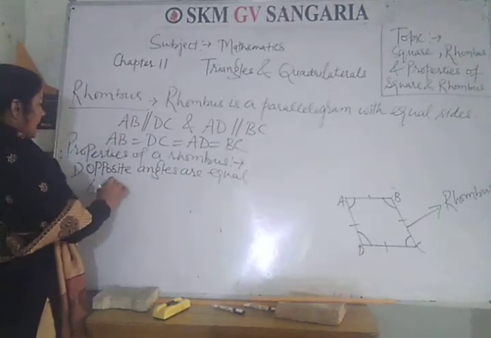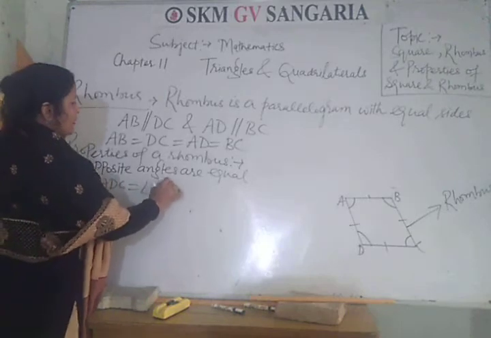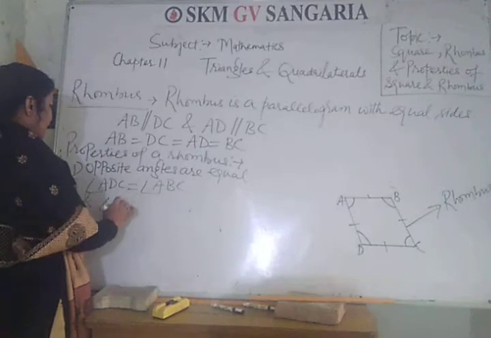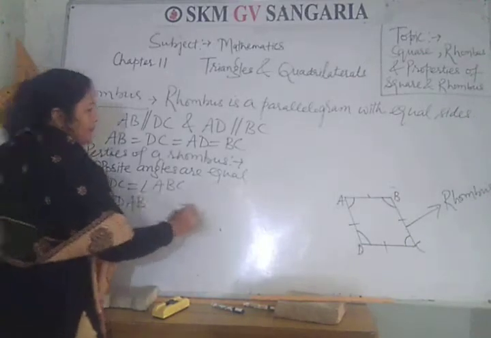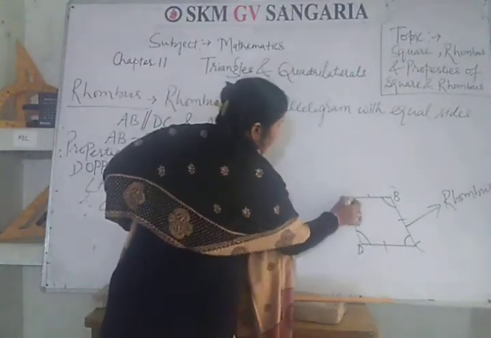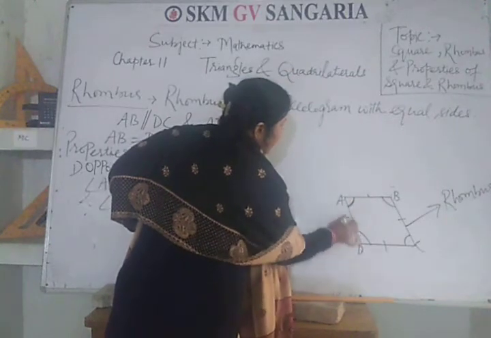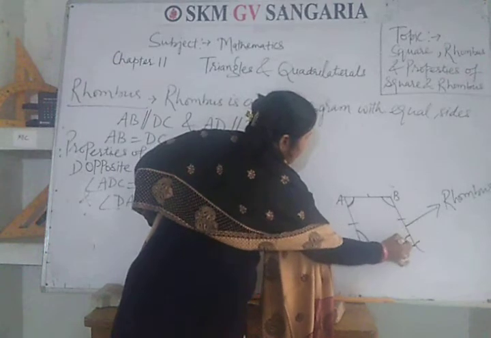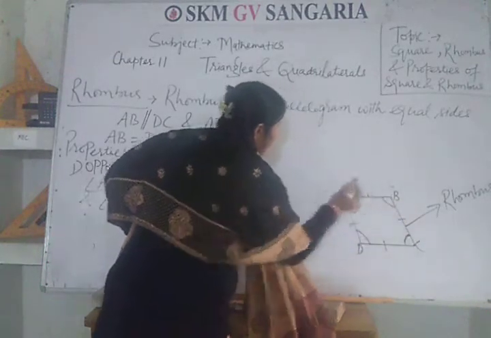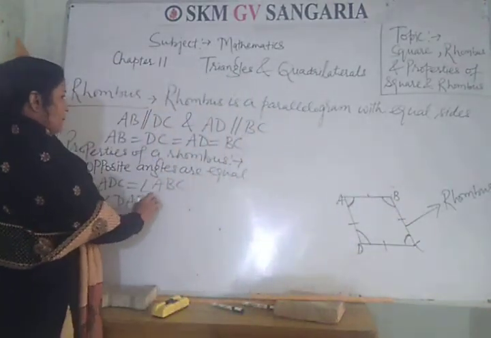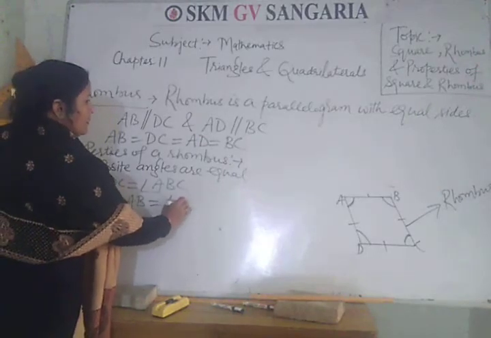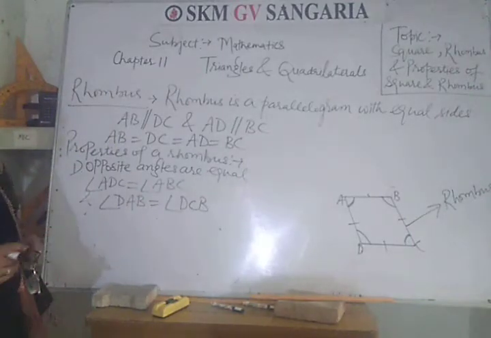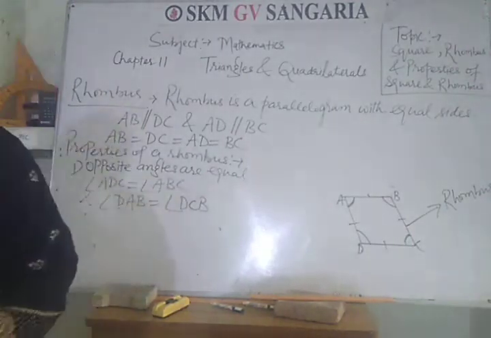So angle ADC is equal to angle ABC, and angle DAB is equal to angle DCB. In a rhombus, opposite angles are equal.